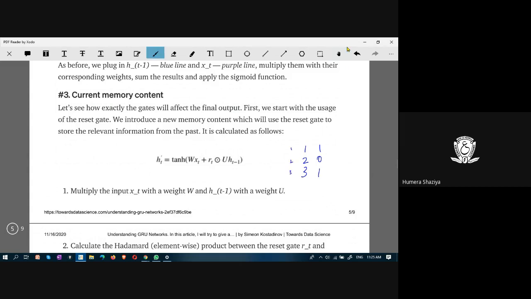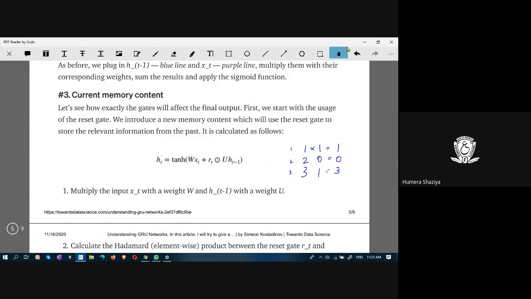What are the elements at position 1? This 1 and 1. So you perform multiplication, which gives 1. Here you have position number 2, you have 2 and 0, which gives 0. At the third one, you have 3 and 1, which gives 3. So this is known as a Hadamard or element-wise product.